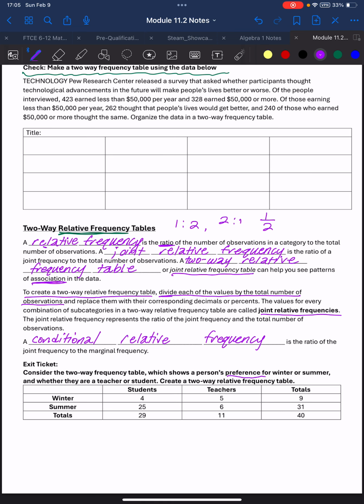First, organize the data in a conditional relative frequency table by age group. In this case, we're not going to have age group. We're going to organize it in terms of students and teachers, and then within winter and summer. Look, part of that's already done for you. That's the first step.